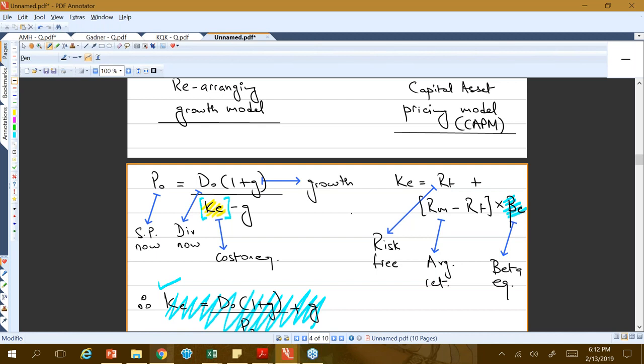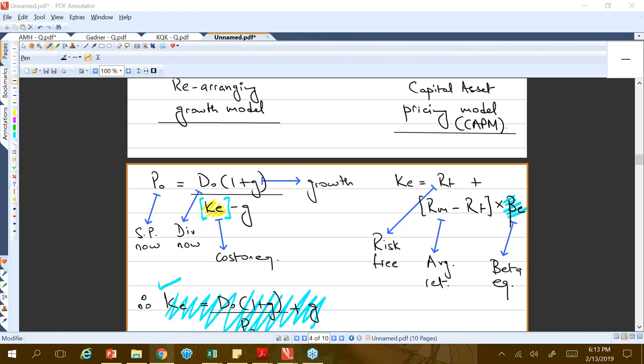So you tell me what information is available here. Do we have information about rearrangement of the growth model, or do we have information about CAPM? Yes, rearrangement. Well done.